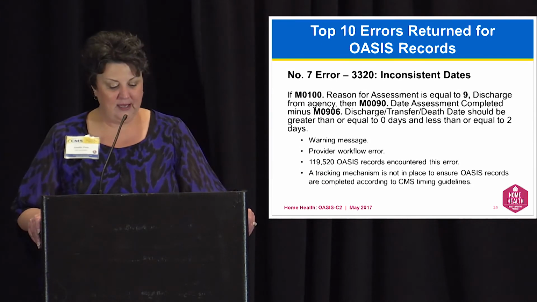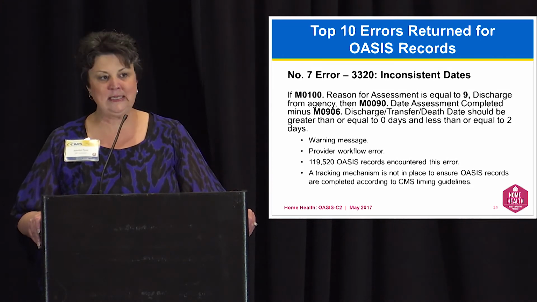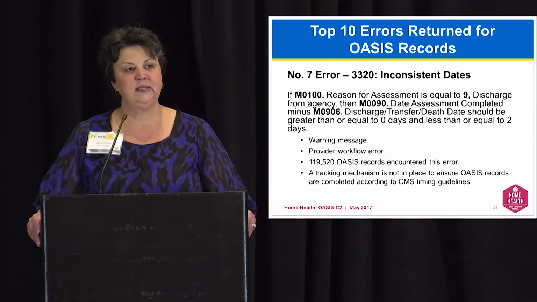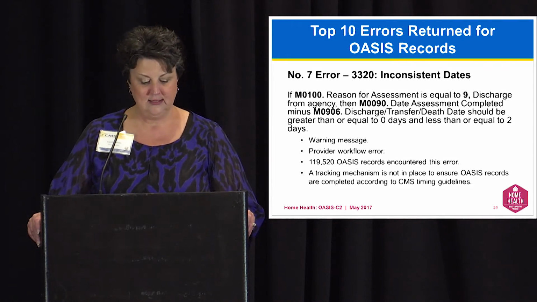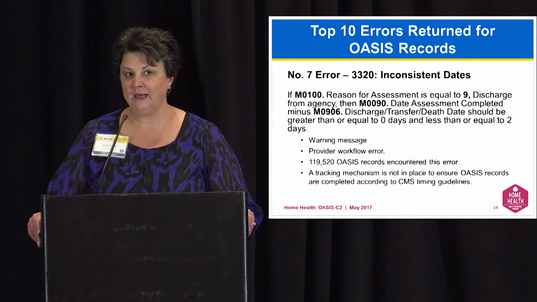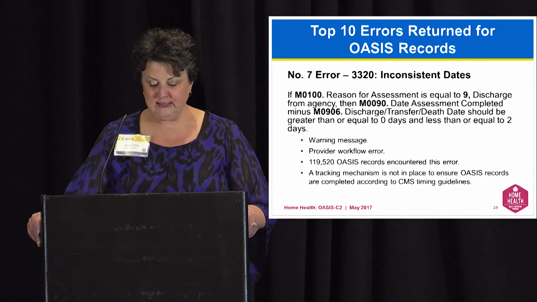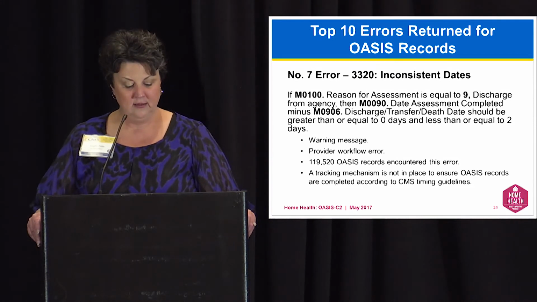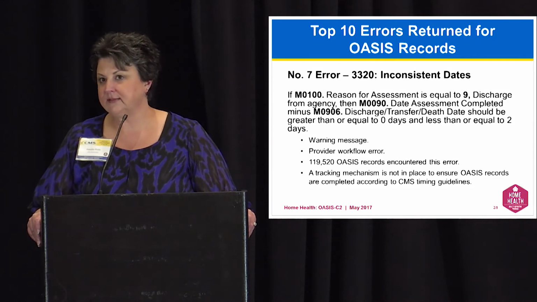The seventh most common error is 3320, and that's inconsistent dates. And this, again, is related to the assessment not being completed according to CMS's timing guidelines. More specifically, the reason for assessment was noted as 9, or discharge from the agency, but M0090, date assessment completed minus that discharge, transfer, or death date, was not 2 or less days, basically.